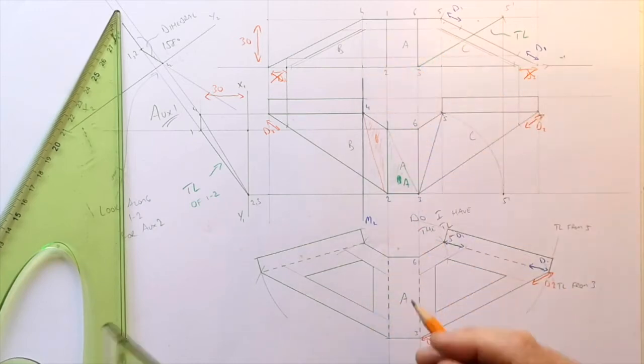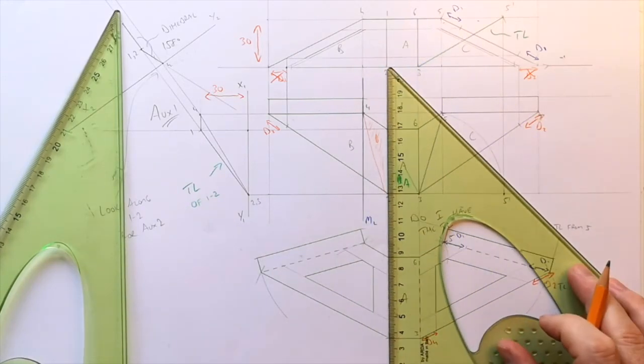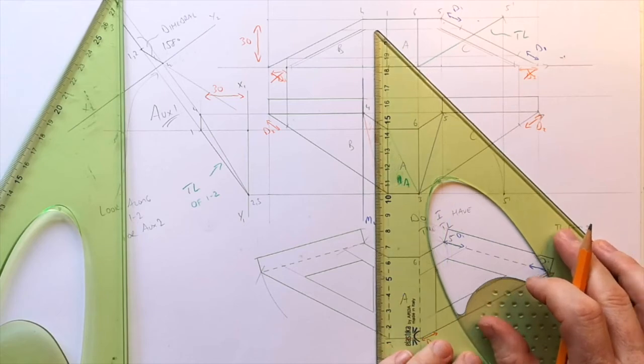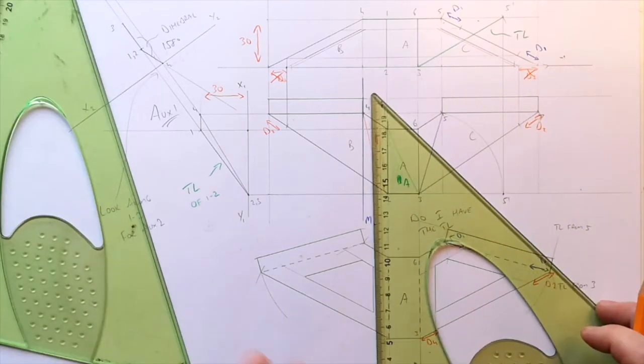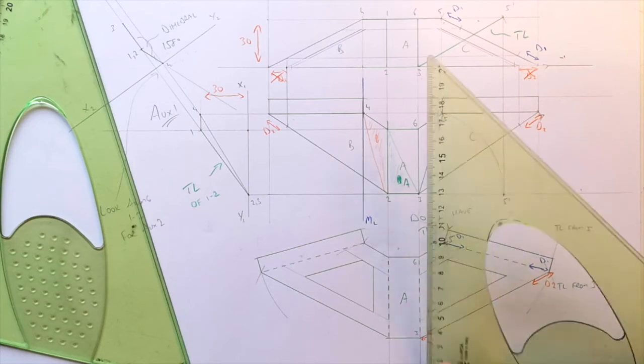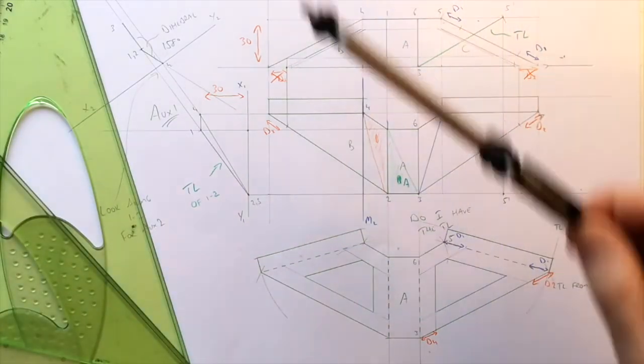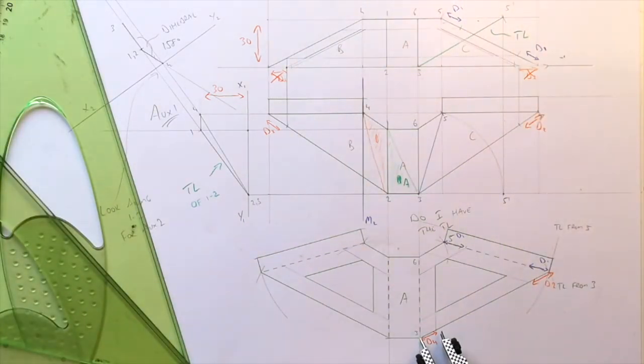So we need to figure out how far to come in. And actually, this one's nice because look, we can do this on the drawing. Okay, can we do it? No, we can't do it on the drawing. So we need to figure out our D4 here. D4 is there.